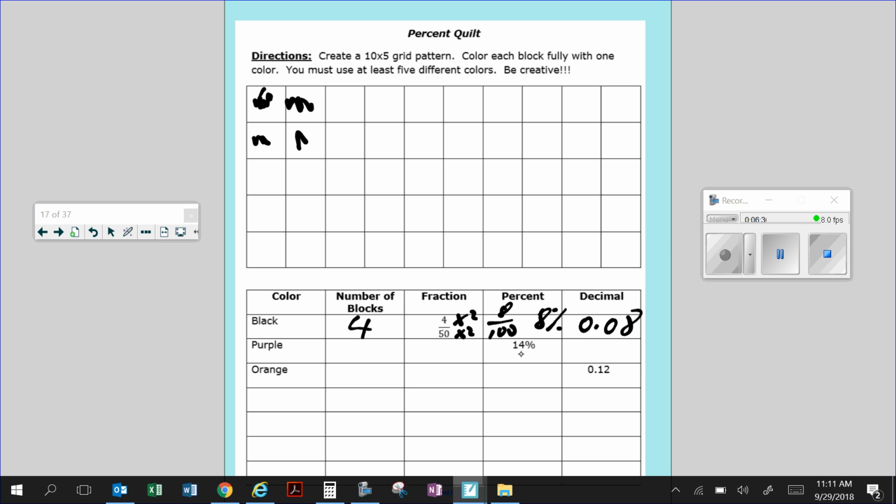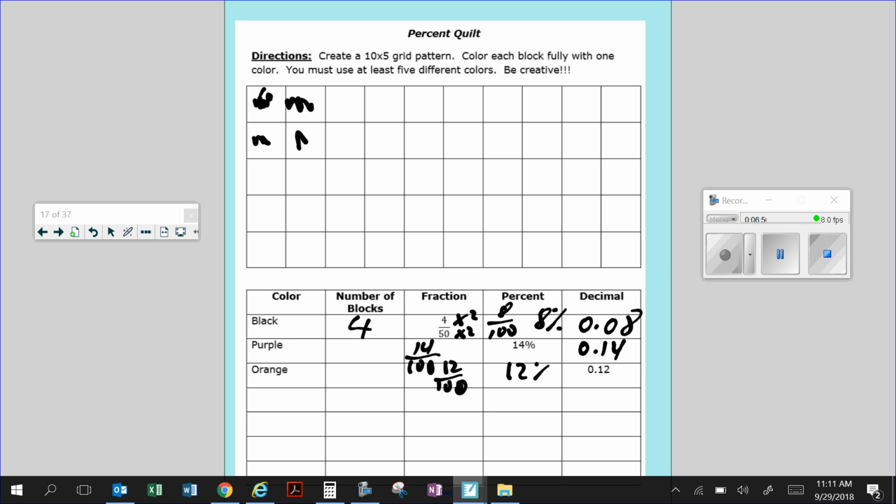If I shade in 14%, what decimal would it be? That would be 14 per 100, 14 hundredths. What if I shaded in 12 hundredths? What percent would that be? A percent is anything per 100, so it would be 12%.